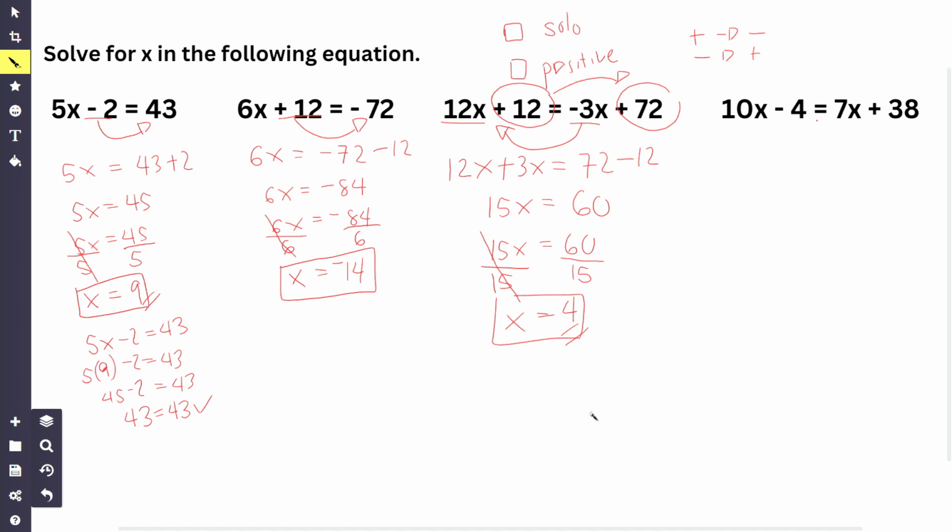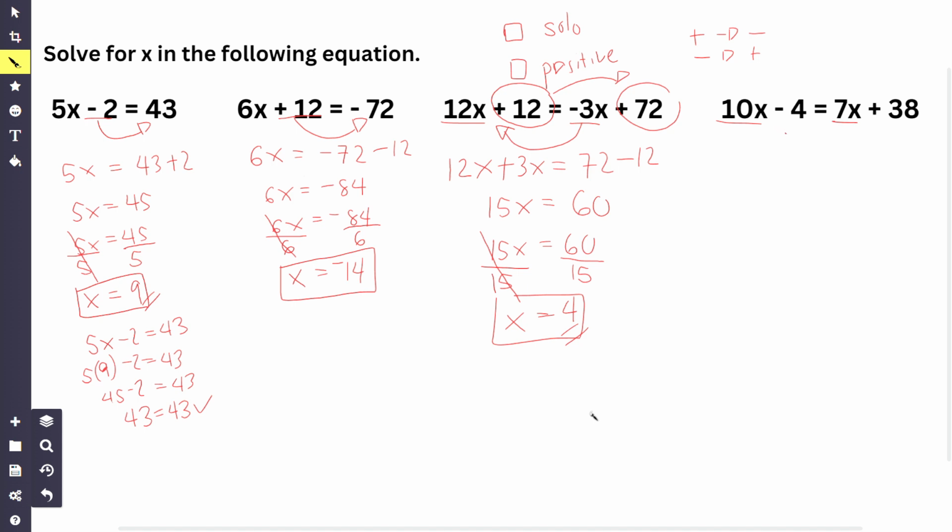Again, we put things alike, right? This one has x. This one also has x. What do we do? Which one should move? Again, I'm not saying that x should always be on the left or on the right. Either you move 10x to the right or 7x to the left.